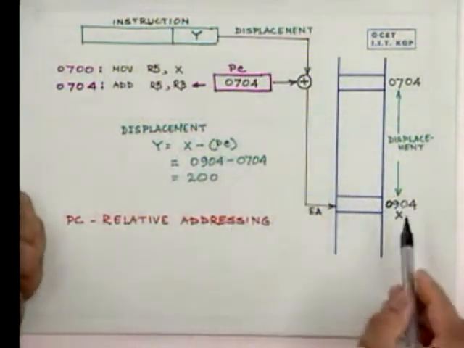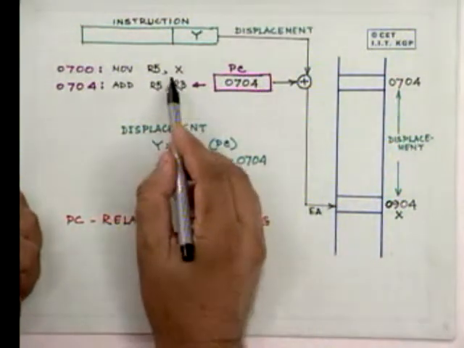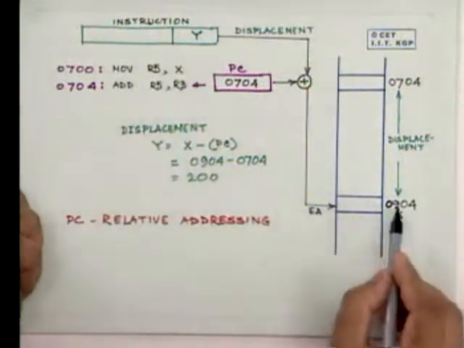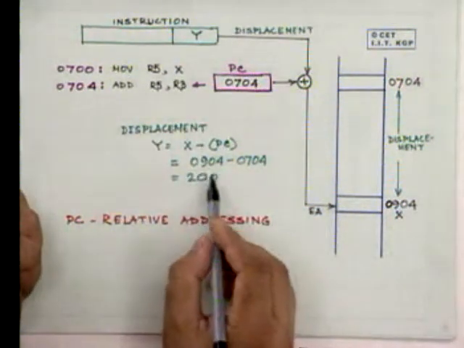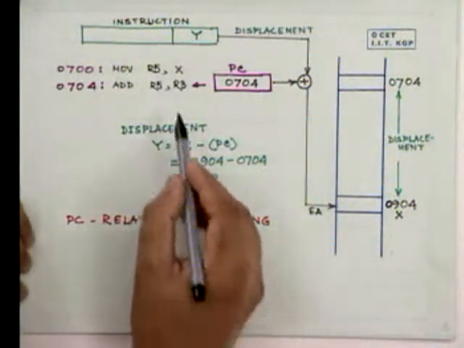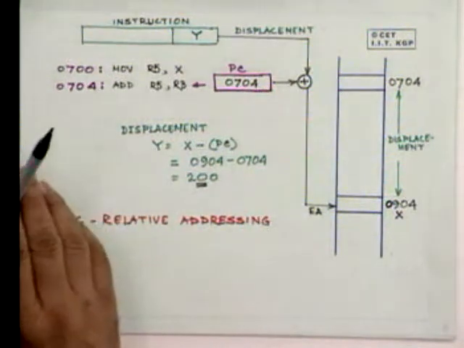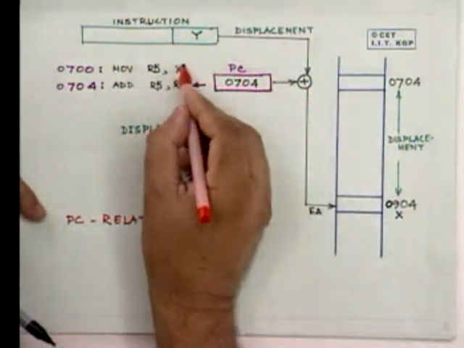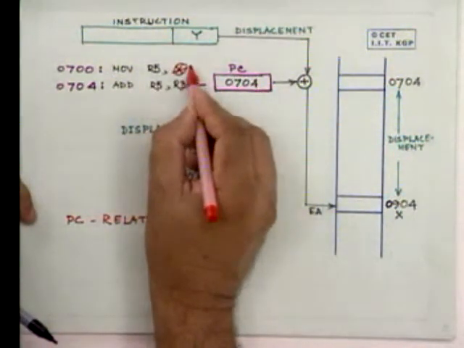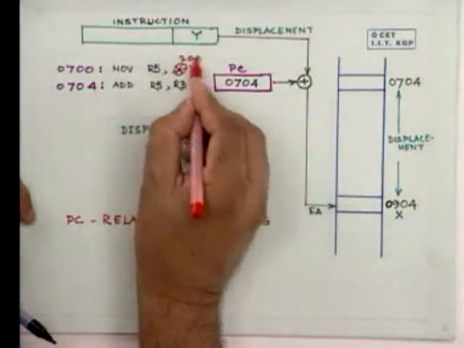Let's see, the content of program counter is 0704, say the memory location for x is 0904, then the displacement we get is 200, okay. Then instead of keeping the direct address here, we can keep instead the displacement y, which is 200 here.